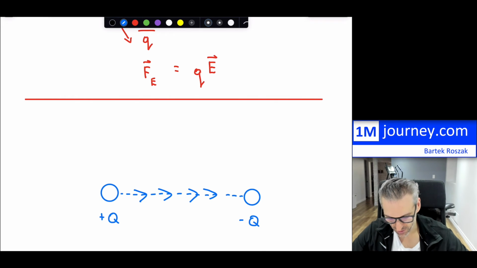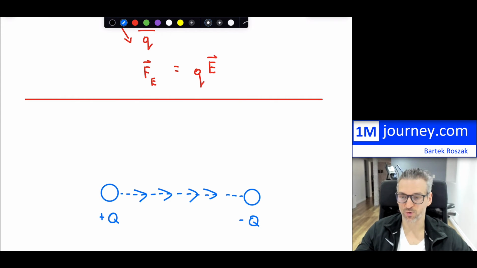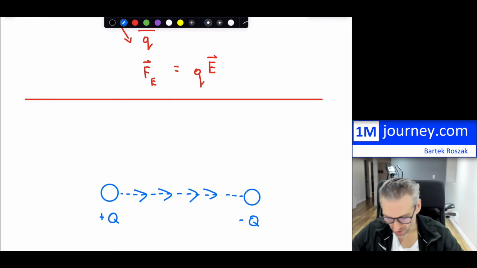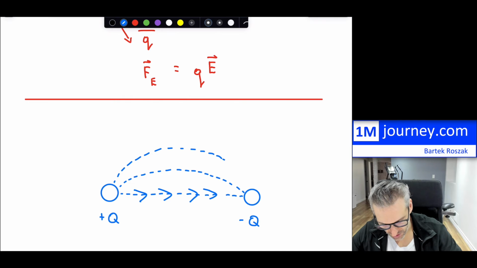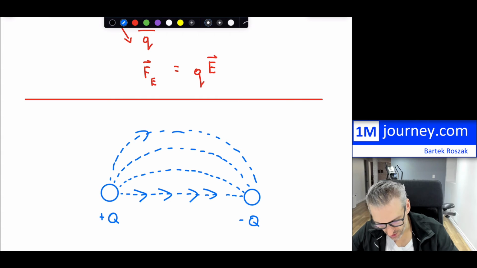Your electric field is going to point that way because it gets pushed away from the positive Q and sucked in by the negative Q. But anywhere you put outside of here, it's going to start to create these types of field lines, right? Where it's going to be going something like this, and now the arrows are going to be something of that nature.